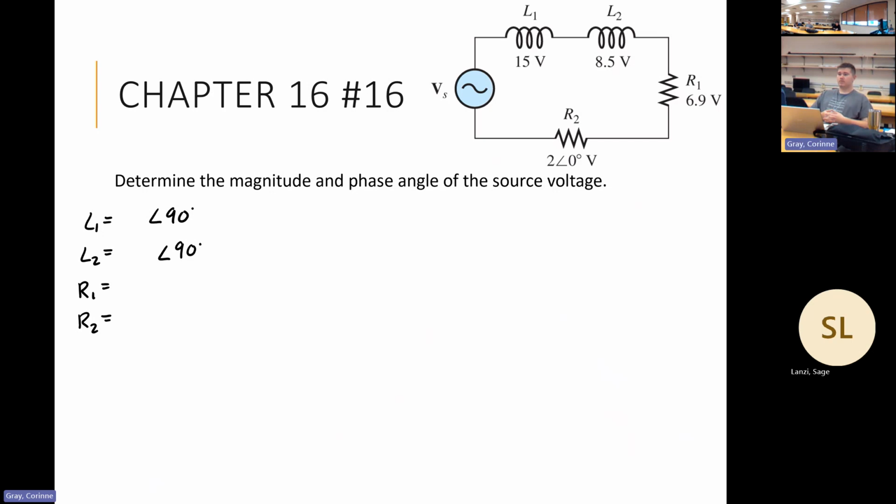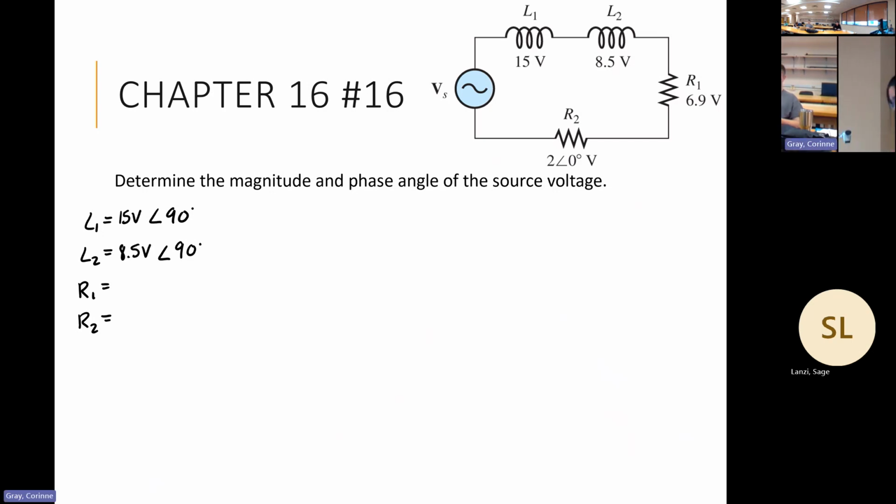Sorry, I'm just trying to put the voltages in here really quick. So take one of those.